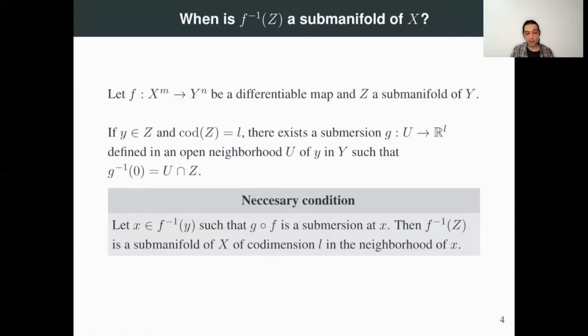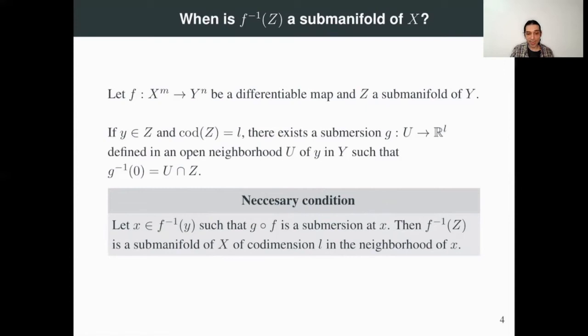But obviously there is a problem with this condition. It depends, theoretically, at least a priori, on the choice that we made for G. So if we can somehow write down that condition without using G, that could be good.